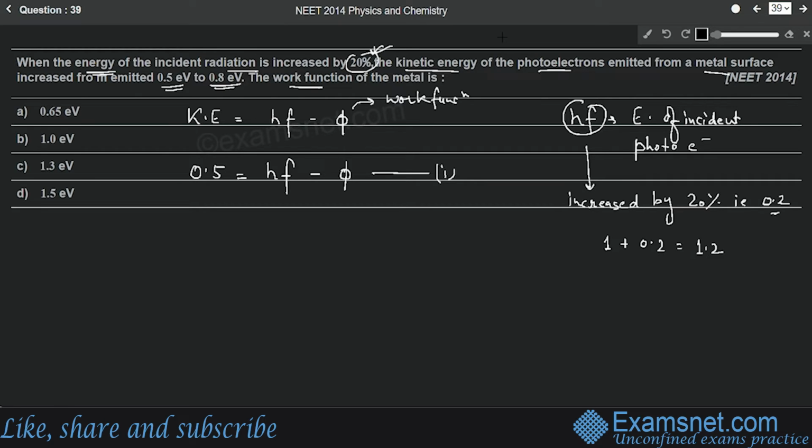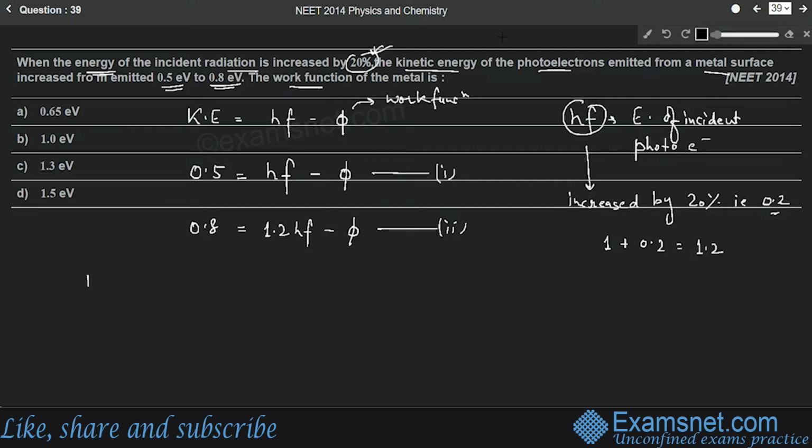So in the second equation it will be 0.8 electron volt, that is the kinetic energy, and the energy of the incident photons is 1.2 hf, minus work function, which will remain the same. So this is equation number 2. Now we have to solve this to find the work function, that is phi. So let's multiply the first equation by 1.2 so that hf can be cancelled.